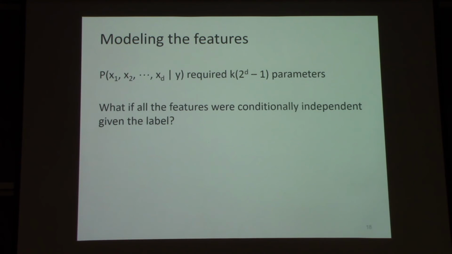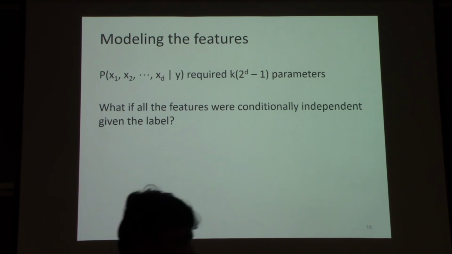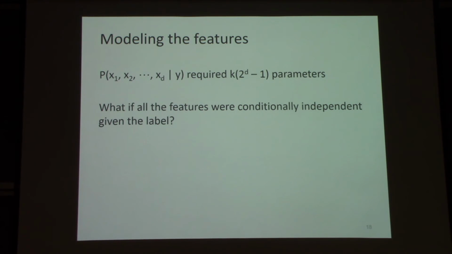Turns out, conditional independence is the tool that we'll use to make our lives easier, to make learning possible at all. So you have d features, and the likelihood function says what's the probability of observing these d features given the label. And it required an exponentially large number of parameters. Instead, we could ask, what if all the features were conditionally independent of each other given the label?